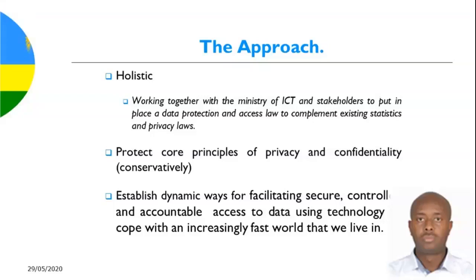We have a very good statistics law, but it has been very conservative and very tight, to the extent that some stakeholders felt that it was very difficult to access data to do analytics that would allow intervening in such a situation. So we are working with the Ministry of Information and Communication Technology, with other stakeholders, to put in place a law that will help us regulate access and data protection and mitigate the challenges that we've been seeing in the existing laws that we have.